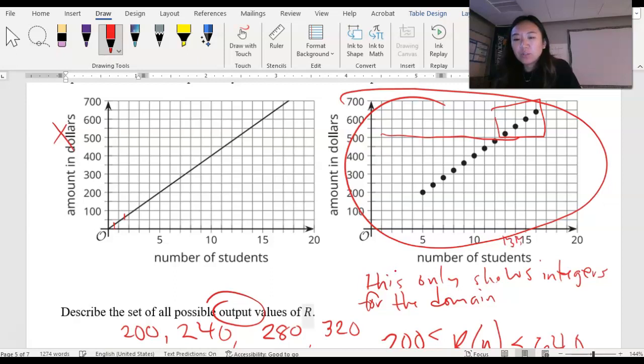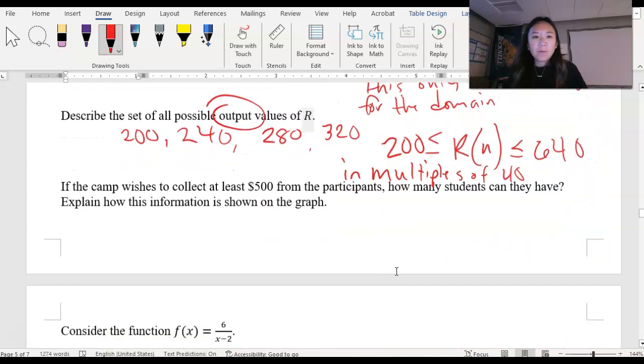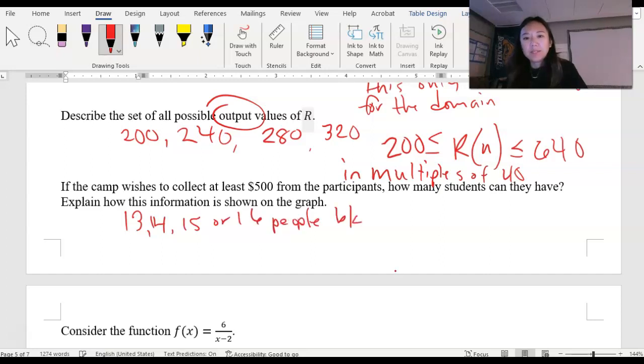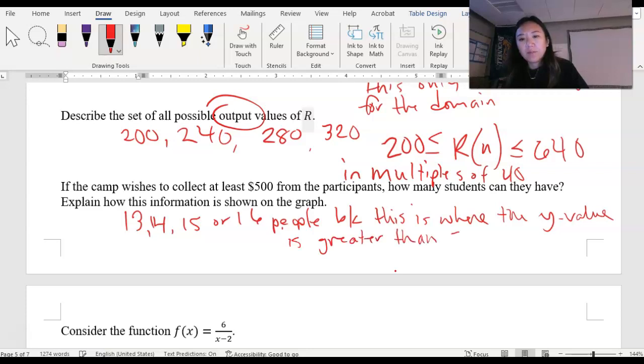So 13, 14, 15, or 16 people. Because this is where the y value is greater than 500.